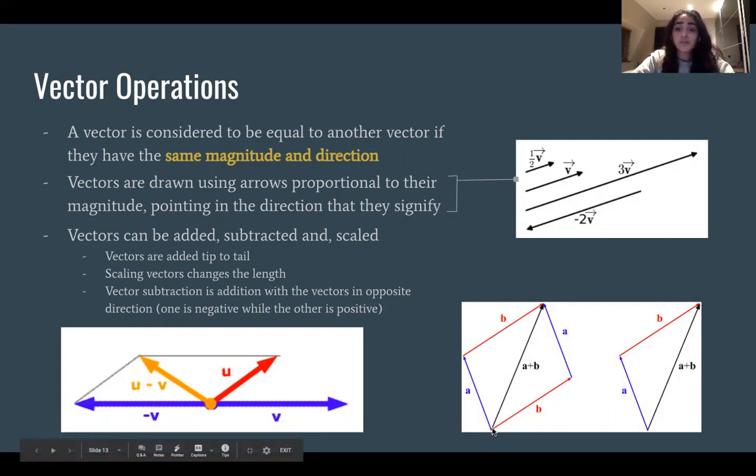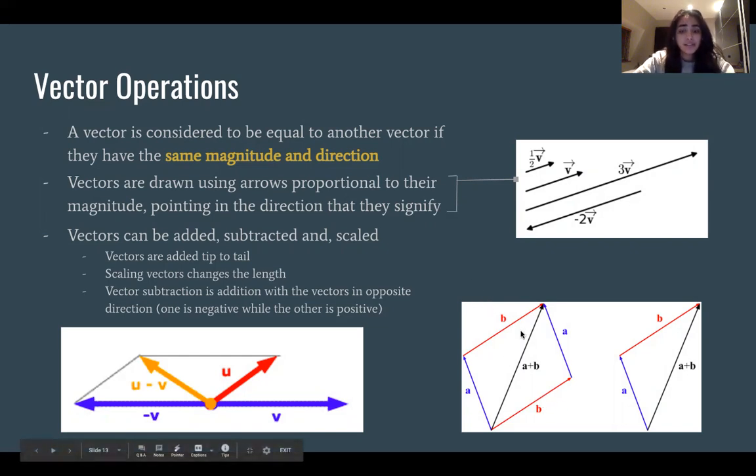If you put B first and then attach A, you still get the same vector. That's why it's really important to make sure that the tail is connected to the head, otherwise your calculations may get messed up in terms of direction.